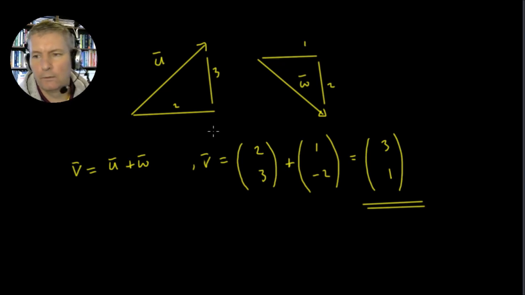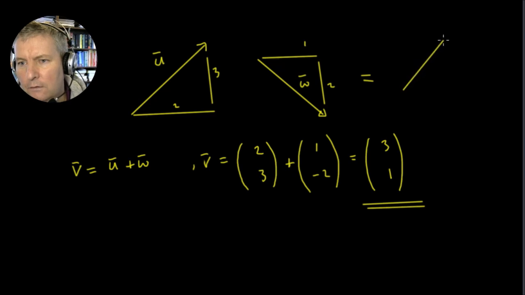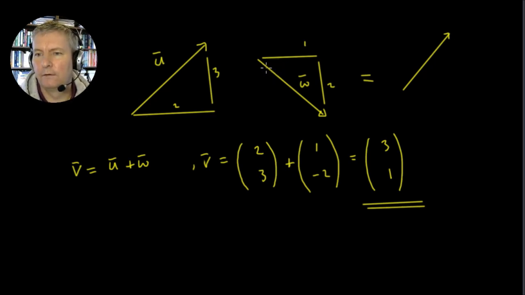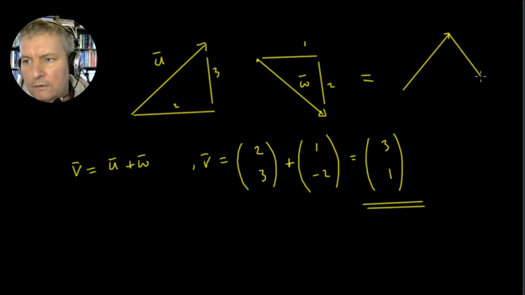Now we can see what's happening here physically if we were to actually add these together. We would be adding them nose to tail. So we could have vector u, which comes up here, and we're going to add the nose of this one to the tail of the other one. So the tail of this one here is this point. We could take this point here and shift it to this point here, so we'll have a vector that runs down something like this.